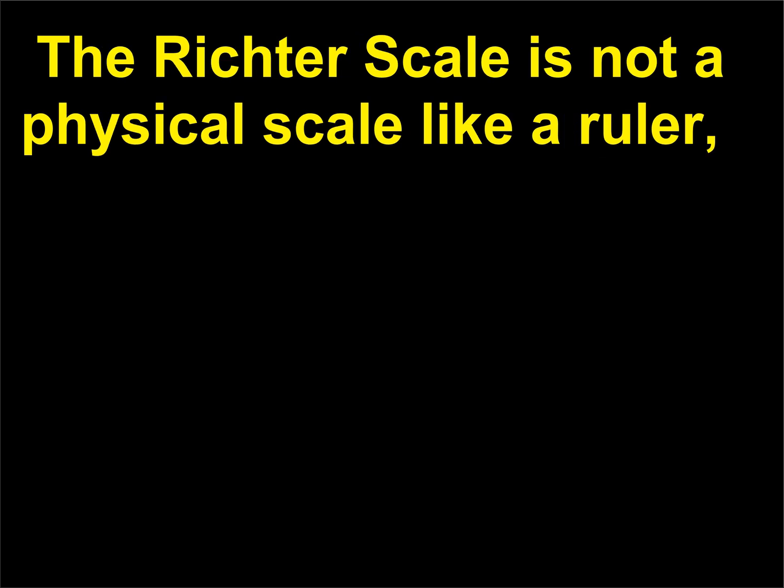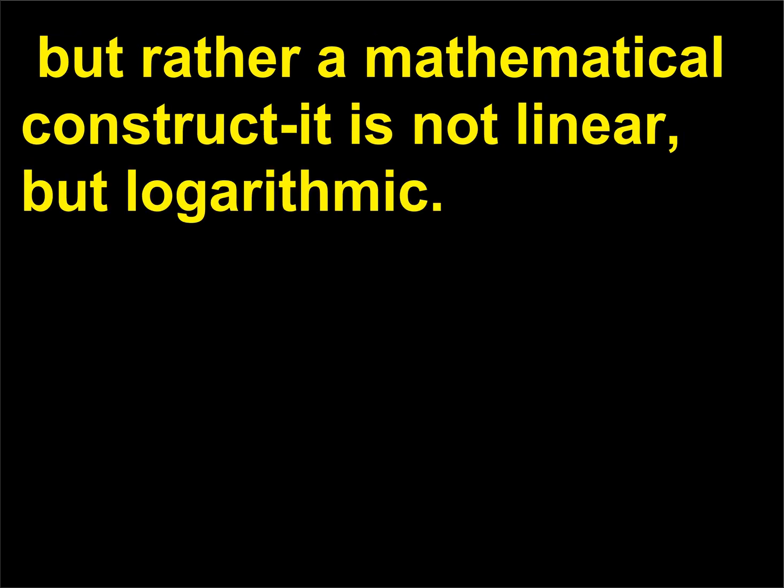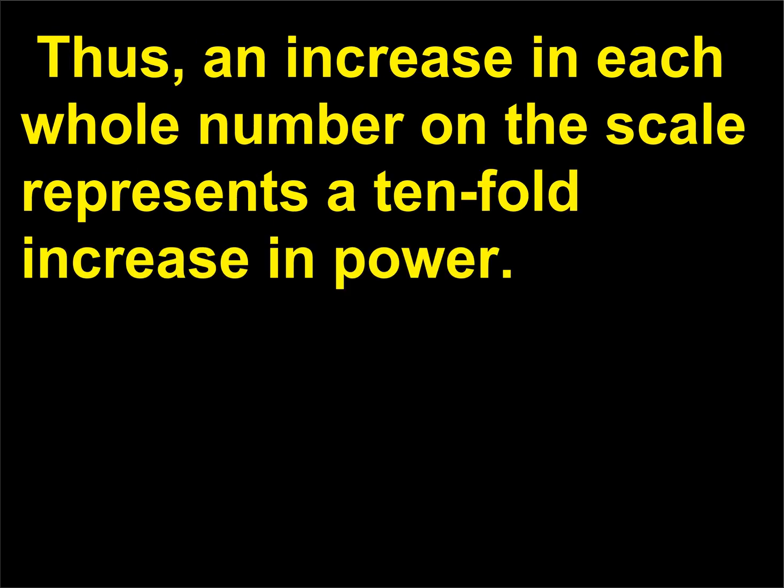The Richter scale is not a physical scale like a ruler, but rather a mathematical construct. It is not linear, but logarithmic. Thus, an increase in each whole number on the scale represents a tenfold increase in power.